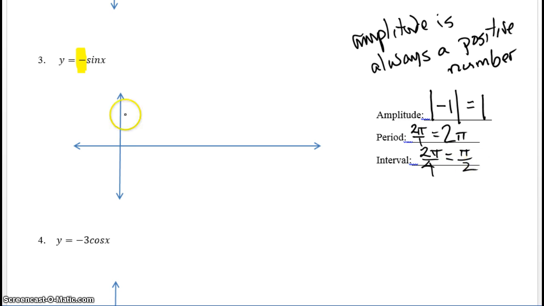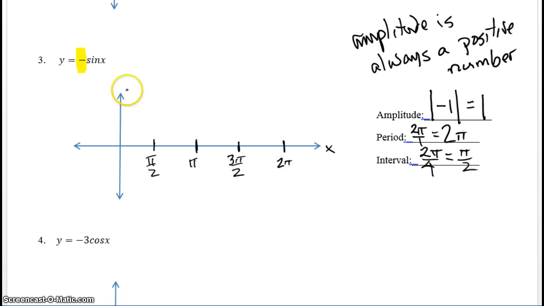I go to my graph, I go to the x-axis, I draw out some distance and put a tick mark, cut it in half again, label my intervals. The first interval after the origin is 1 pi over 2, then 2 pi over 2, which is pi, 3 pi over 2, and then 4 pi over 2, which reduces to 2 pi.